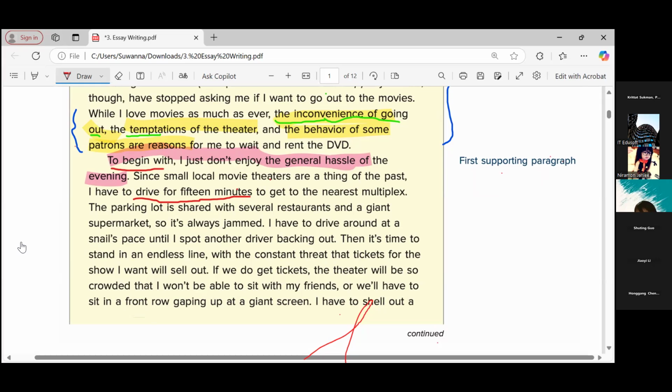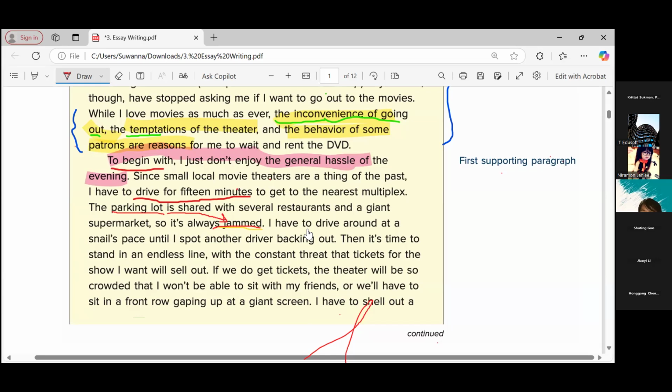Have to drive for 15 minutes to get to the nearest multiplex. It's always jammed. The parking lot is shared with several restaurants and giant supermarkets. What is the third point? The third detail.